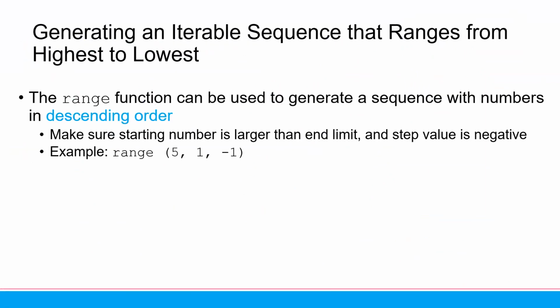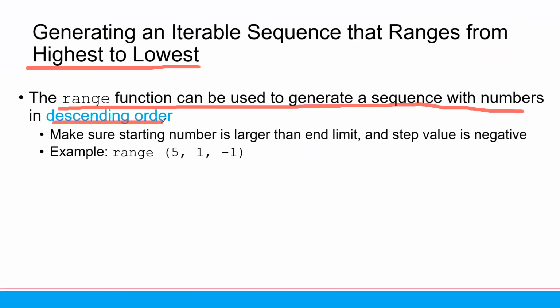And this iterable sequence can also work from the highest to the lowest. So the range function can be used to generate a sequence with numbers in descending order. For example, I have range 5 until 1, and then I make minus 1.